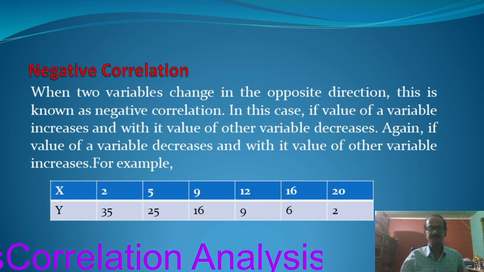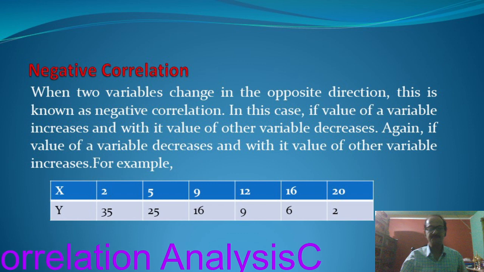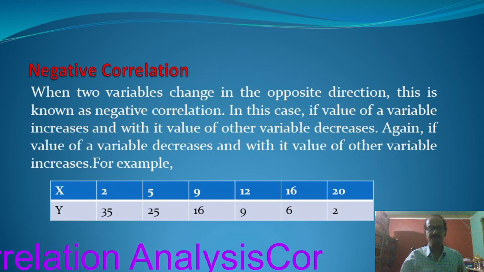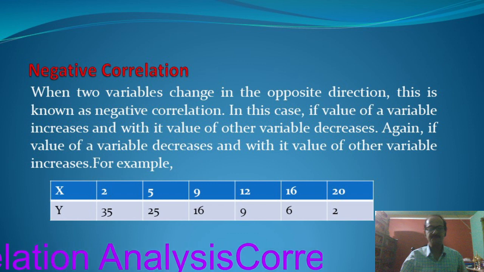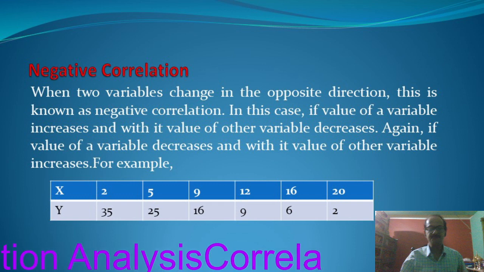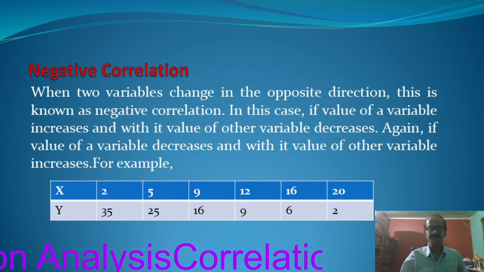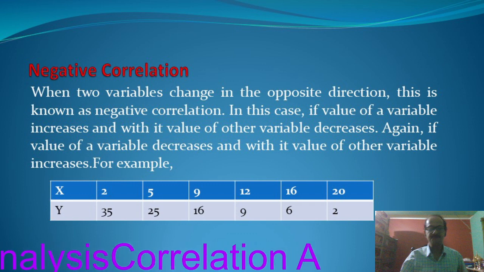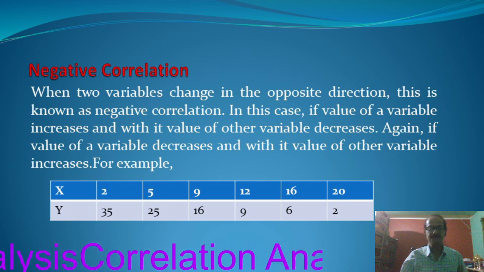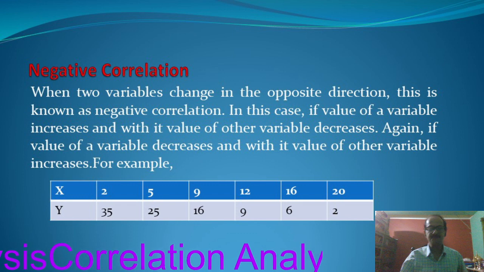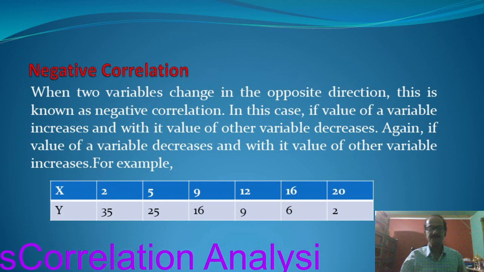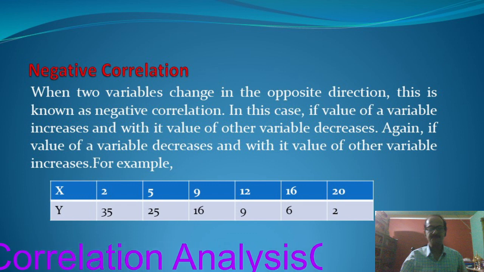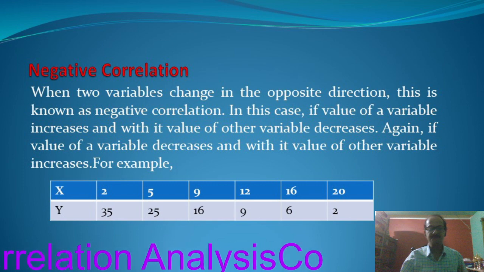For example, here x increases this way: 2, 5, 9, 12, 16, 20, but y decreases this way: 35, 25, 16, 9, 6, 2. So they are moving in the opposite direction. This is the case of negative correlation.